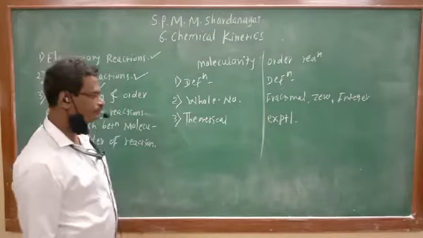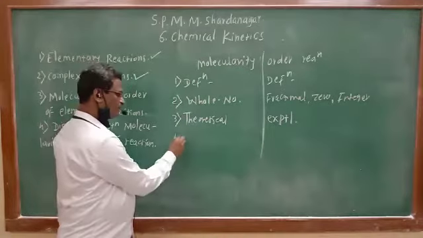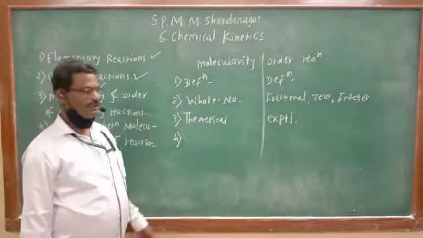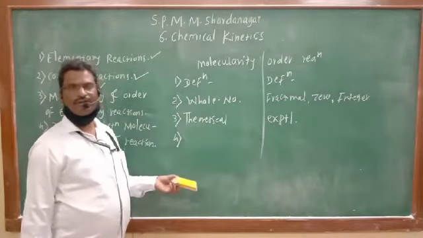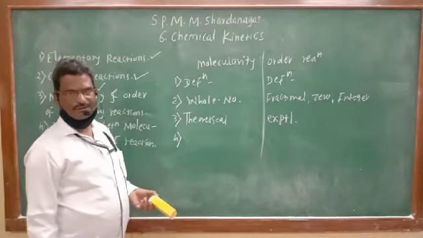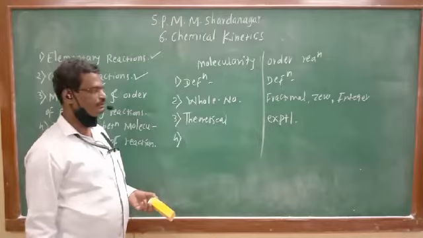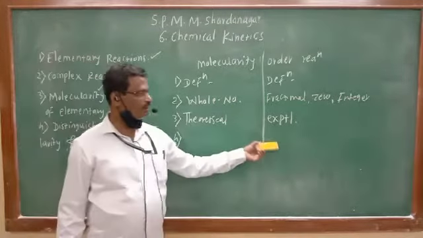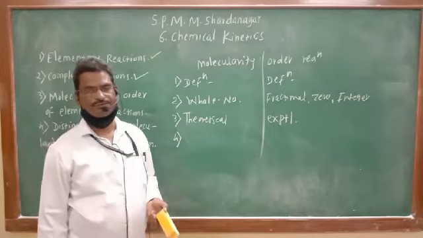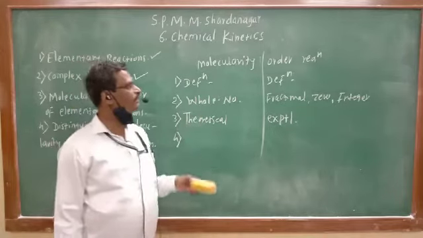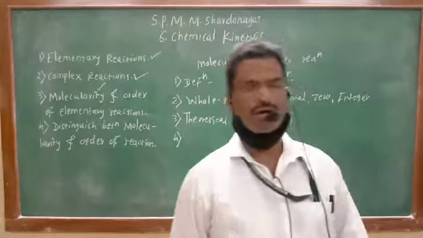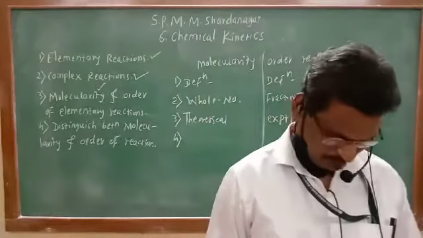Since molecularity is theoretical, it does not depend on factors like temperature, like catalyst. But order of reaction depends on factors like temperature also. So those are the distinguishing points between molecularity and order of reaction.